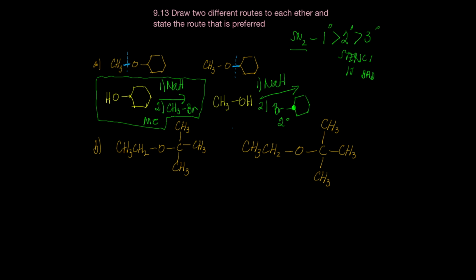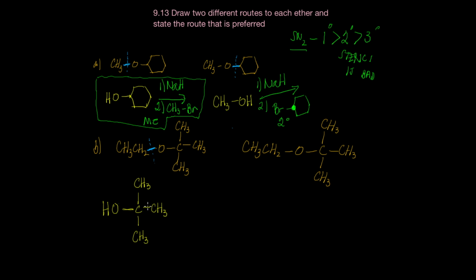Let's do a similar kind of analysis down here. We have this bond right here that can be formed. We can do that by taking our alcohol here. So we're going to keep this bond to this carbon, and this is the alcohol.